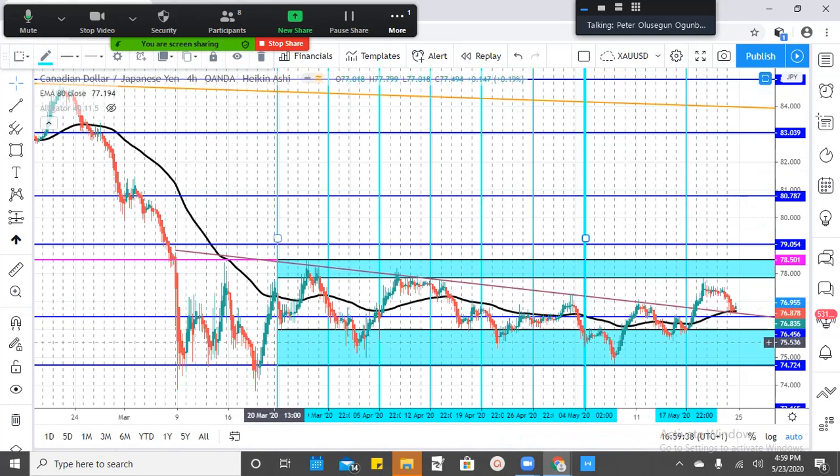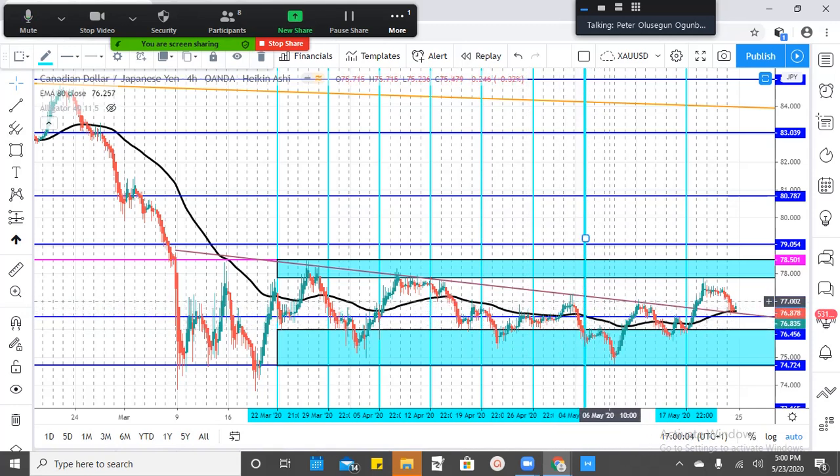So EMA 80, okay, maybe here it was a resistance. Yeah, a resistance. Price hovering around like a resistance here before it broke loose, and price just went through it, and maybe another resistance here, price around it.